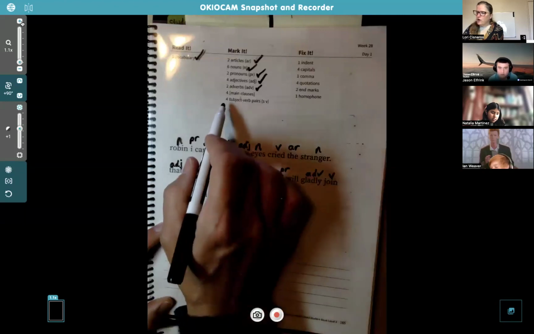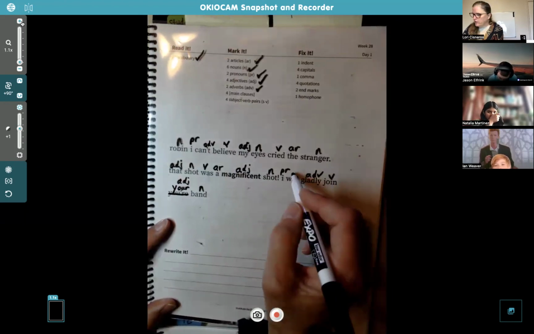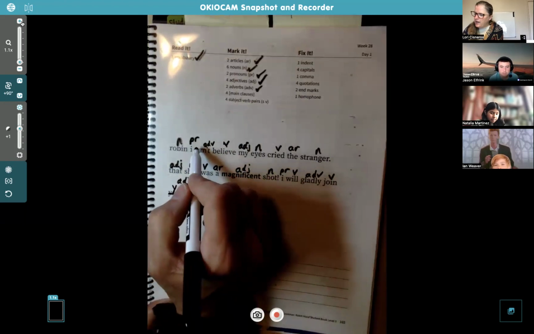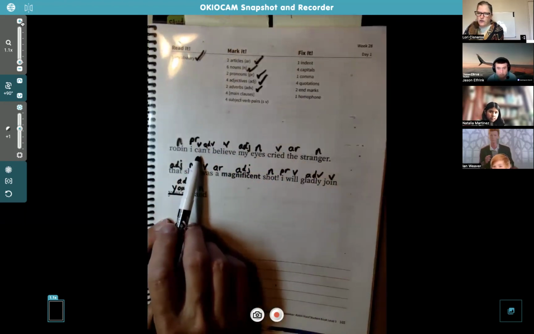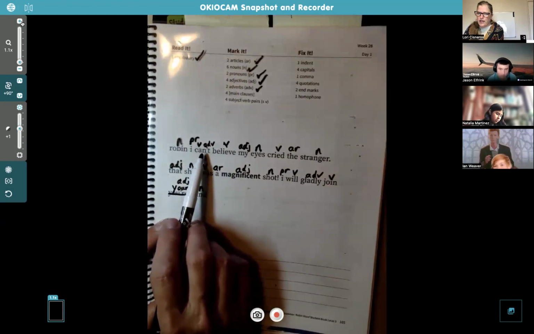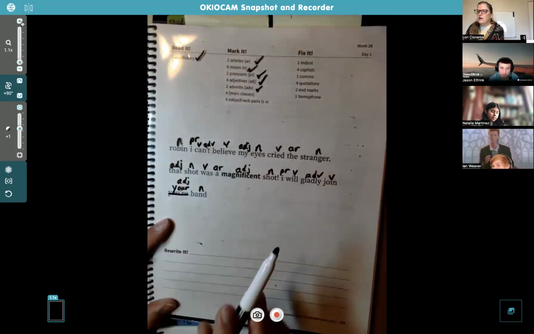I know it only says 4, but that means 4 subjects. There might be more verbs. So, will. Yes, good. Will is one. And then the can in can't is actually a verb. So the V goes right over the word can. And then the nt is going to be the adverb. That's the not. Good. All right, those are the verbs.